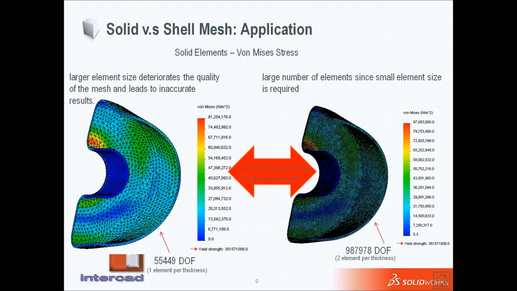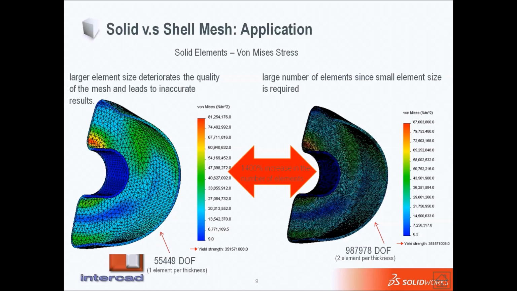Okay, now before we introduce the shell element and the techniques we can use, it's a very good idea to present a case where we use solid elements and get the accurate result, then compare the same case with the shell meshing option.